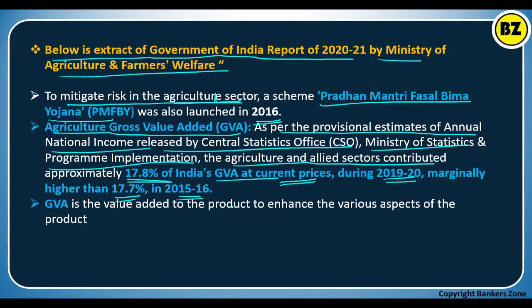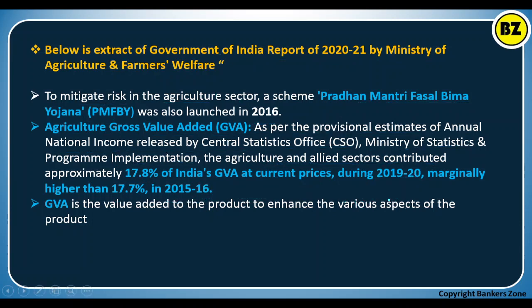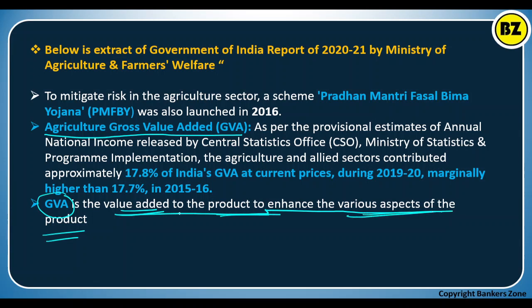So that means during those 4 to 5 years, we have increased the contribution of agriculture by just 0.1%. Okay, in this way you can easily get it. See, agriculture gross value added. What is gross value added? Simply, the value added to the product to enhance the various aspects of the product.